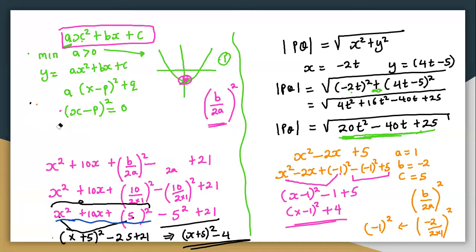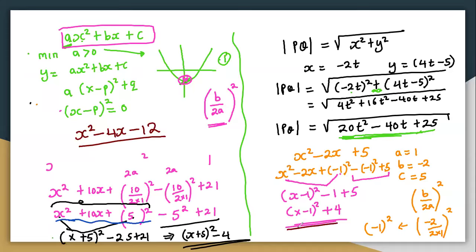You put for me what you have got when you expand. Let me use this red. Let me now give you x squared minus 4x minus 12. So do this one quickly. I want it in this format here.